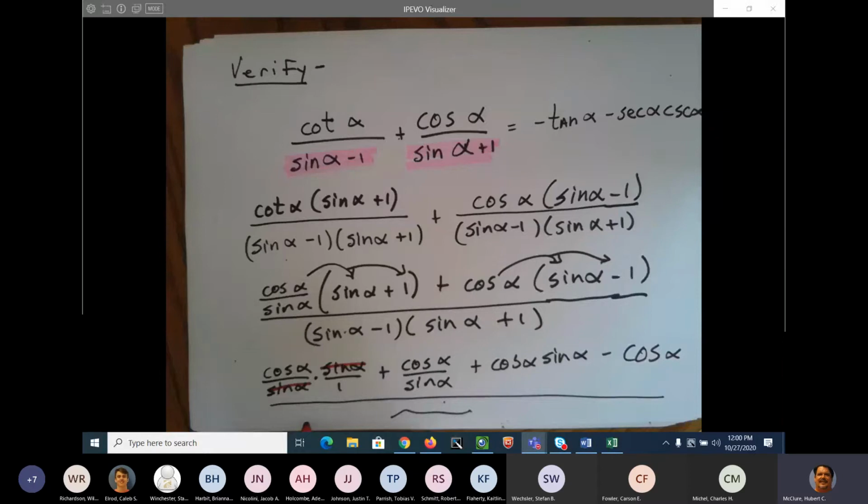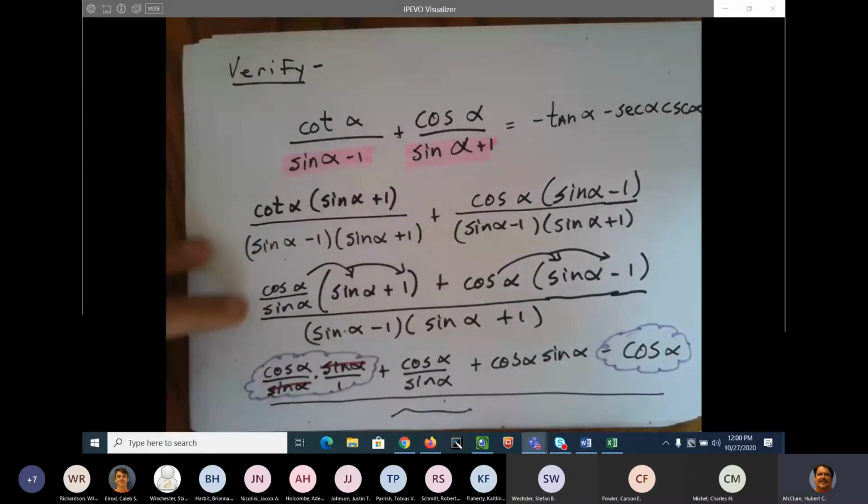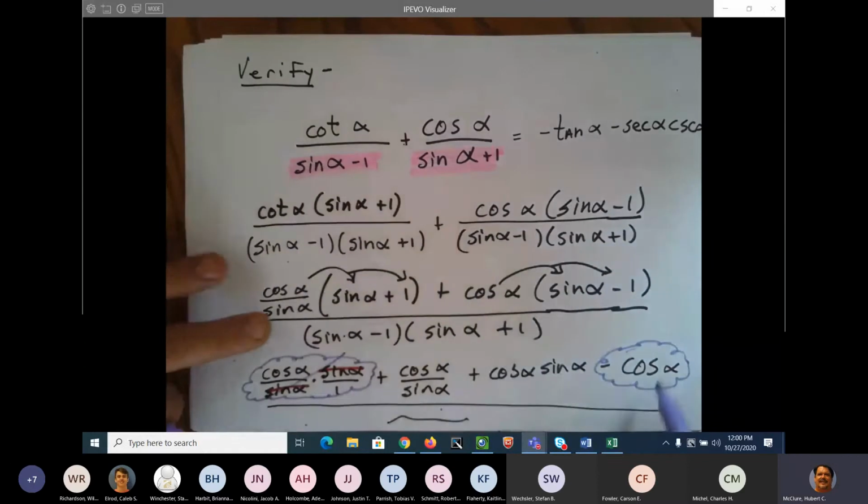Cosine. And what happens to this cosine and this cosine? They're going to cancel too. So I'm going to kind of put a cloud over this. And those two cancel.